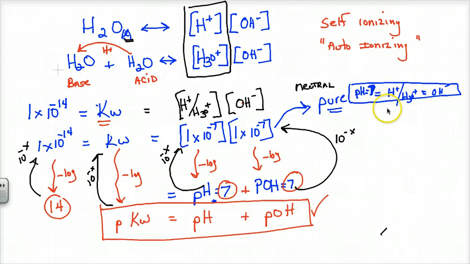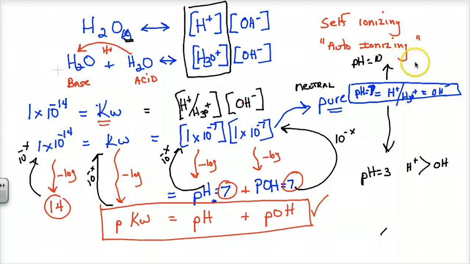Now, if your pH drops, a pH of, let's say, 3, well, you're going to have a greater amount of H plus. We know it's synonymous with H3O plus. We have H plus greater than my hydroxide. And if we have a pH that's greater than 7, so a pH of, let's say, 10, we know that the H plus is less than hydroxide, and that's called a basic pH.